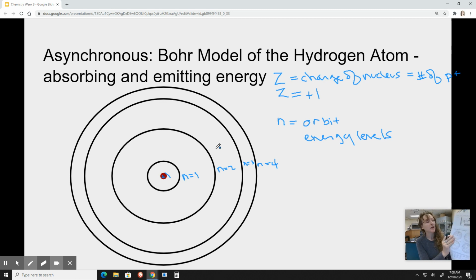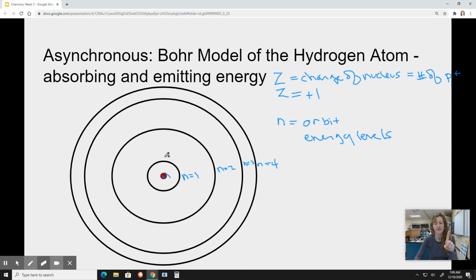And hopefully what that drew the distinction between was the parallel between Bohr's model and the hydrogen line spectrum above, because the line spectrum is what Bohr used to make the model. So again, when we look at this, the electron is going to be transitioning around this atom.